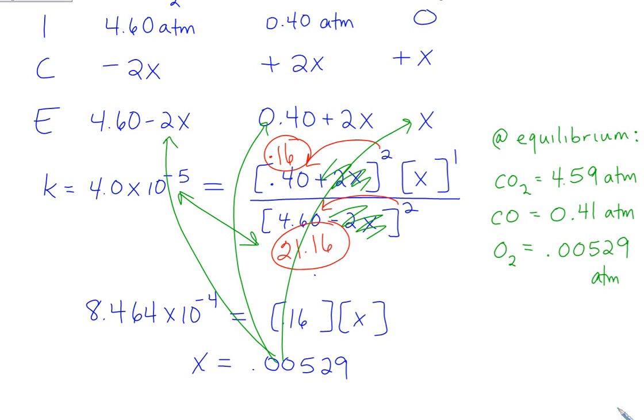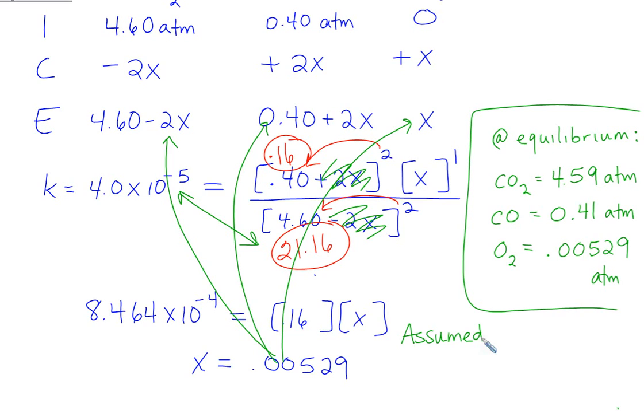Okay, so here would be my equilibrium conditions. Let's quickly check the 5% rule and see if this was okay. We can pick either one, the reactant or the product. Let's pick the reactant.